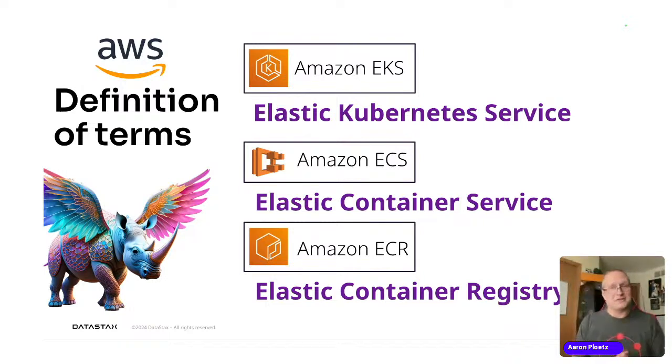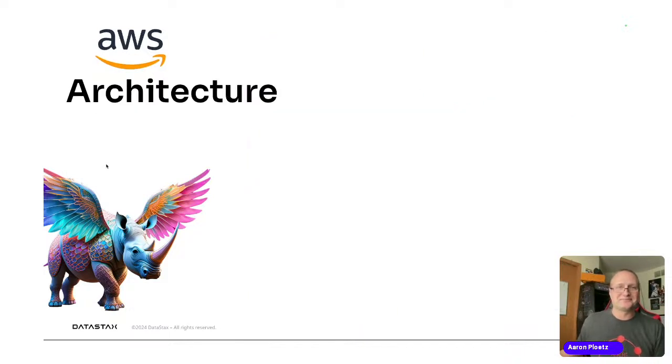And of course, if you want to run a container image out there, you need to have that container image in a container registry, which is where Amazon ECR, or Elastic Container Registry, comes into play. So those are our three definitions that will be thrown around a bit today. EKS is Elastic Kubernetes, ECS is Elastic Container Service, and ECR is the container registry. Just so we're all clear on that.